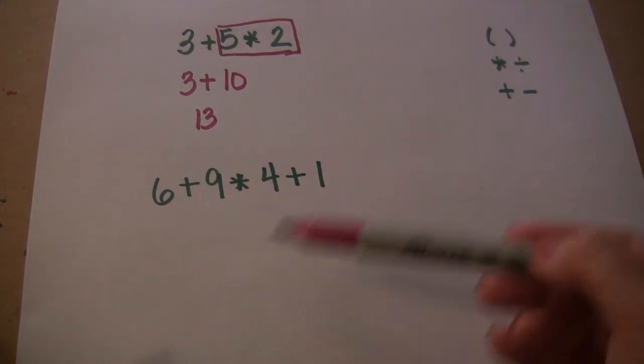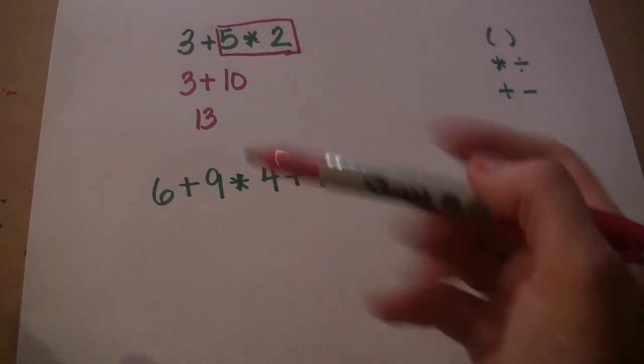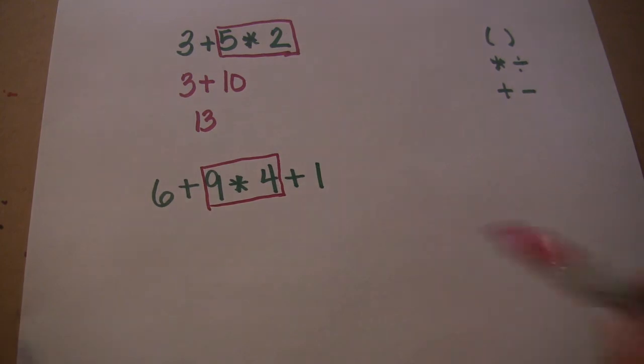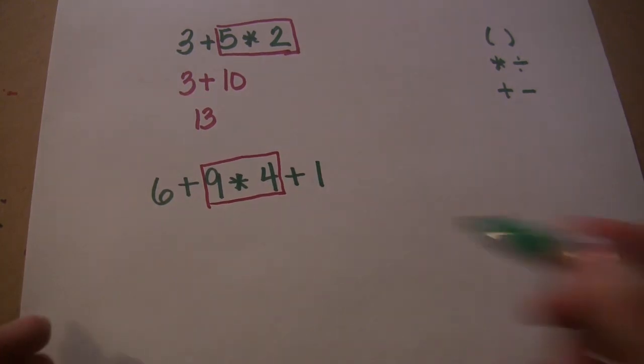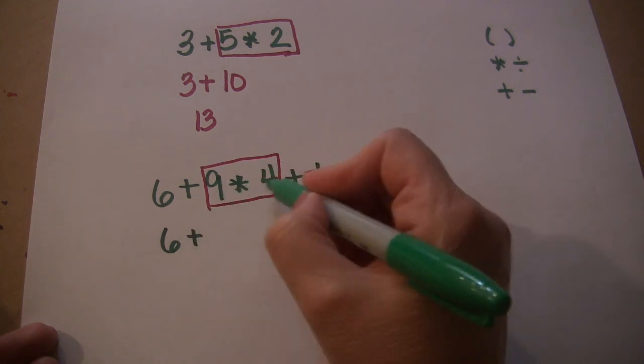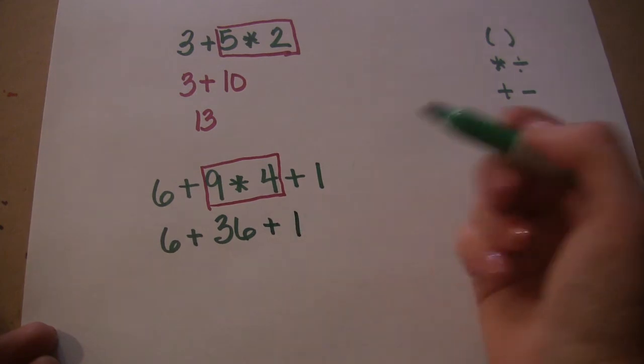We have no parentheses here, so we'll just skip that. Multiplication or division. Yes, I see this multiplication going on right here. So we will do that part of the problem first. So I will just rewrite 6 plus 9 times 4 is 36 plus 1.